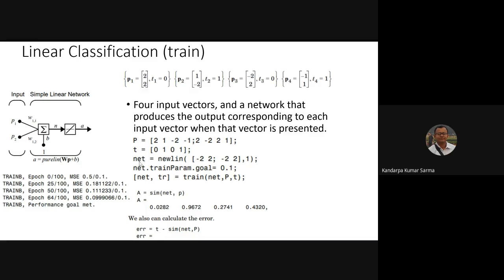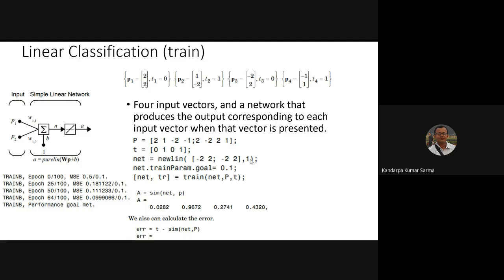So we take a net variable that will hold a structure generated by the newly built-in function that takes these values. The significance is that it will take values ranging between -2 and 2, and the weights to start with will have values between -2 and 2, and there will be one neuron.